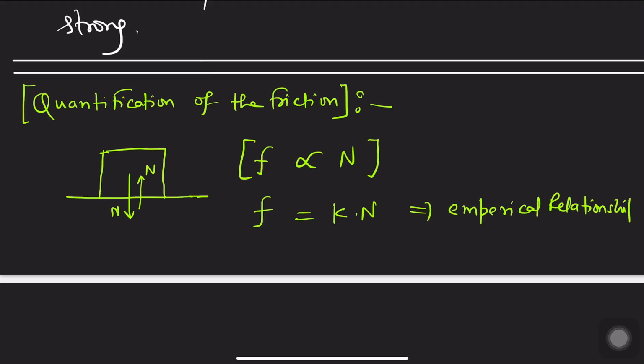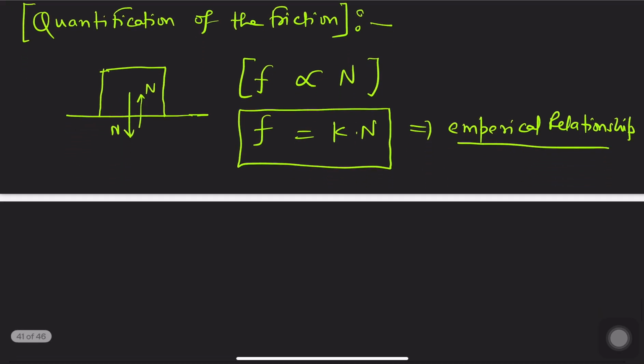This is purely an experimental observation on the basis of which we have deduced this relationship, that friction force is directly proportional to the normal force that is acting between the bodies or between the surfaces.